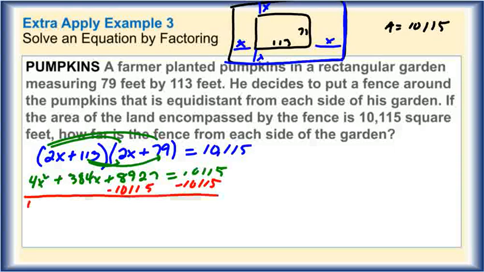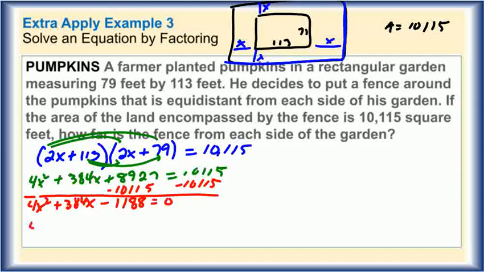And I get 4x squared plus 384x minus 1188 equaling 0.